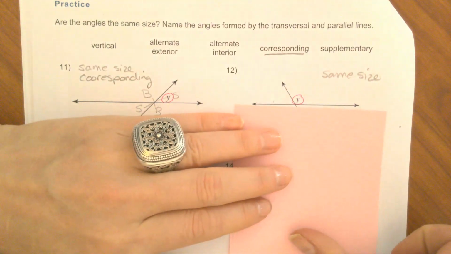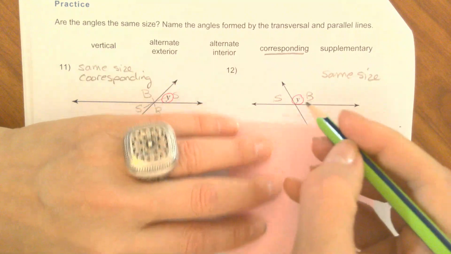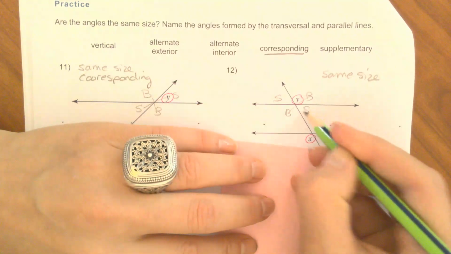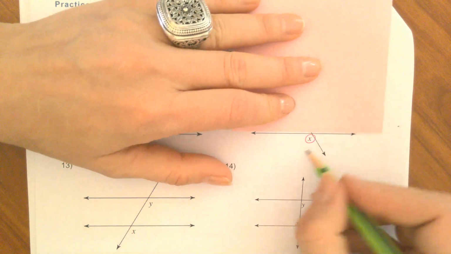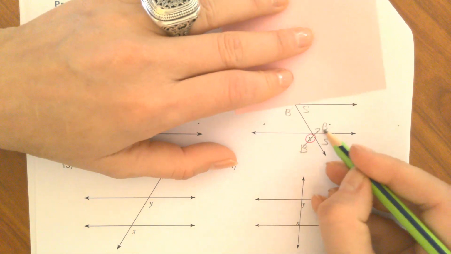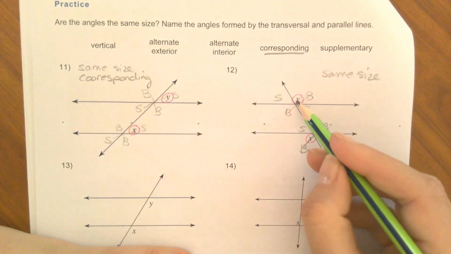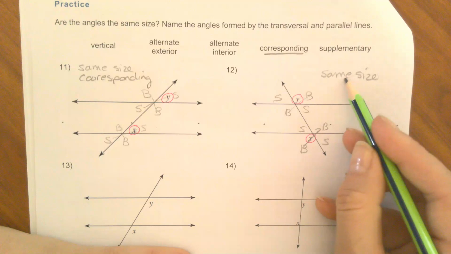So here, that's my big angle, that's my small angle. That's big, that's small. Here, that's big, that's small. So across from that is big, across from that is small. So they're both big angles. Y is big and X is big, so they're the same size.